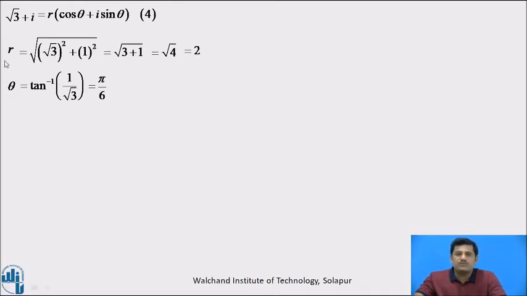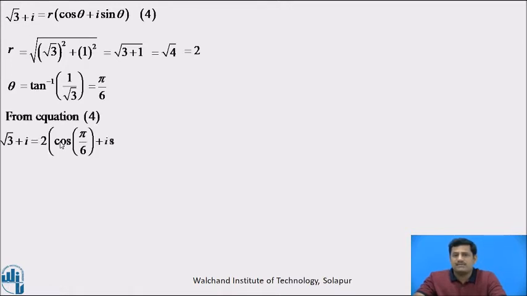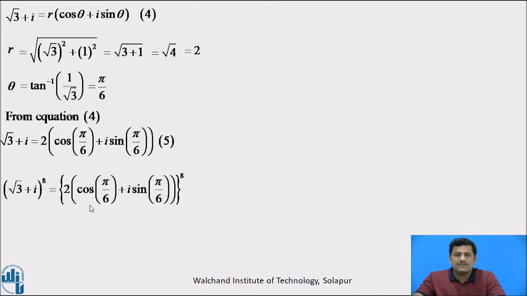Substituting the values of r and theta in equation number 4, we get this new equation here. We want to calculate root 3 plus i raised to 8. That's why, taking 8th power on both sides, we get root 3 plus i raised to 8 equal to this right hand side quantity raised to 8.